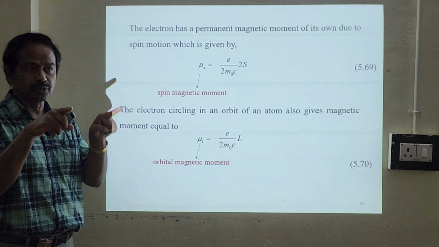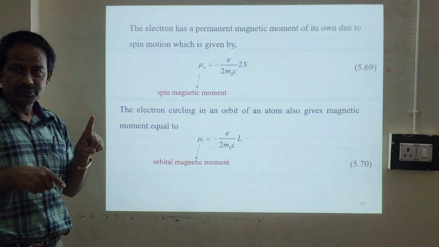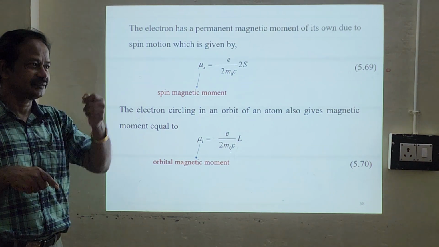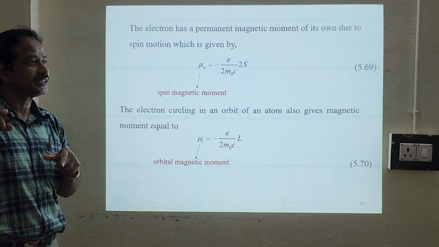The contribution is from both, so we add these two to get the total angular momentum J, where J equals L plus S.